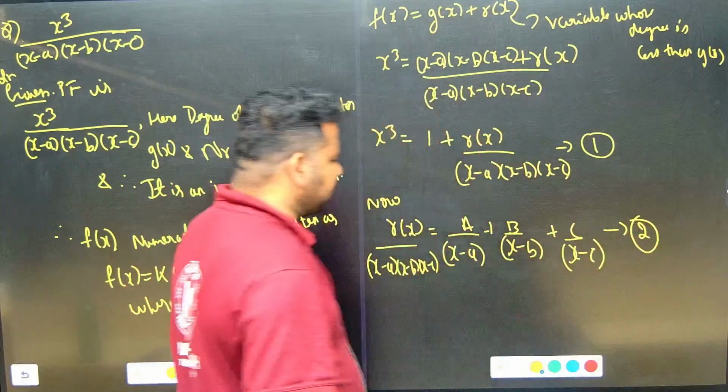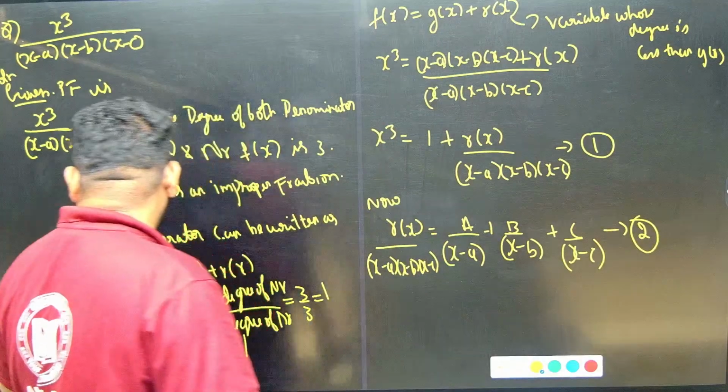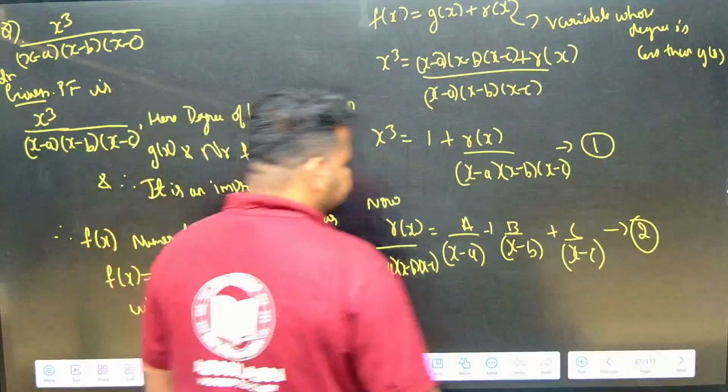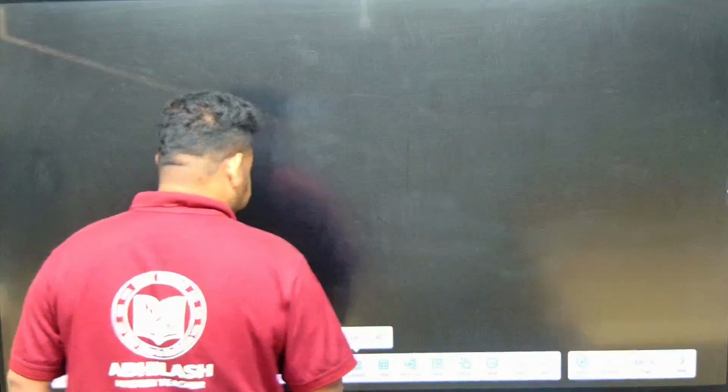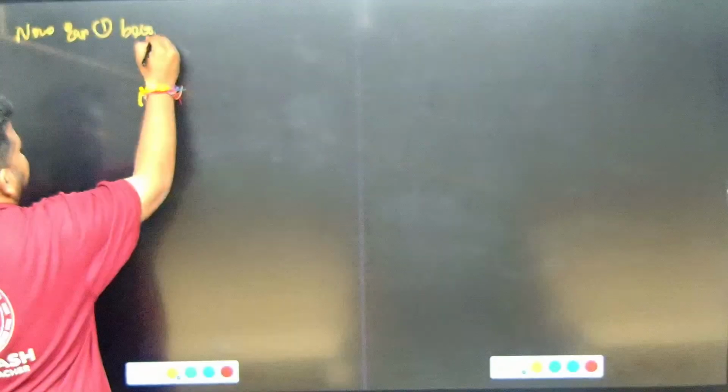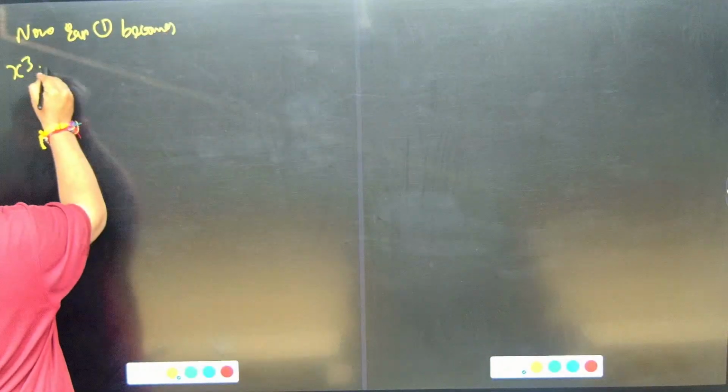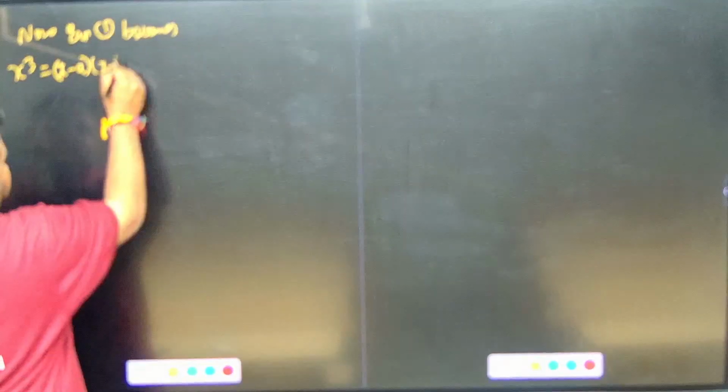Now equation 1 becomes x cube over x minus a into x minus b into x minus c, which I can write as 1 plus R of x.